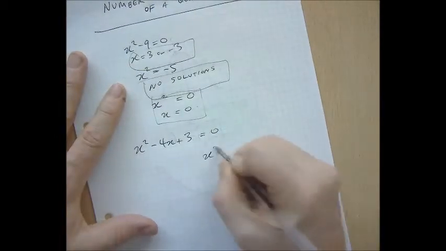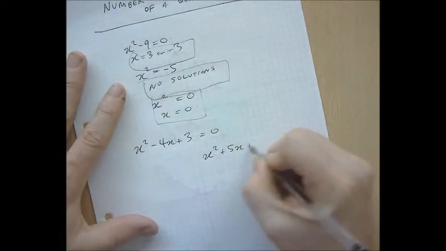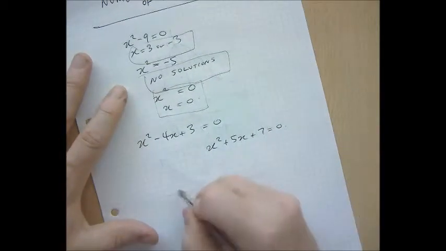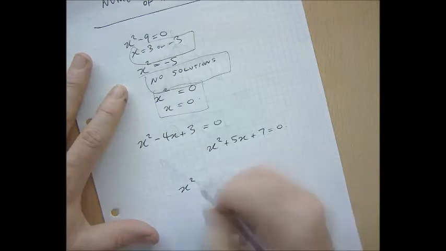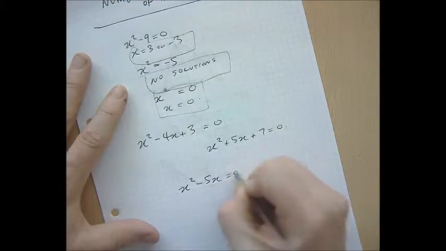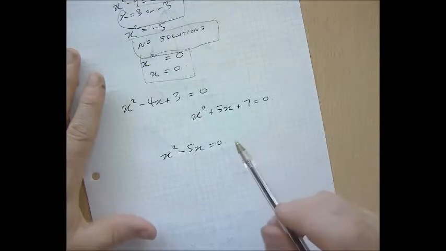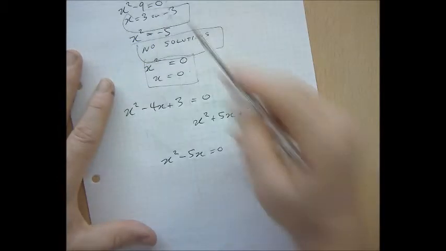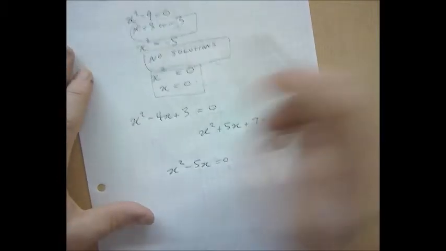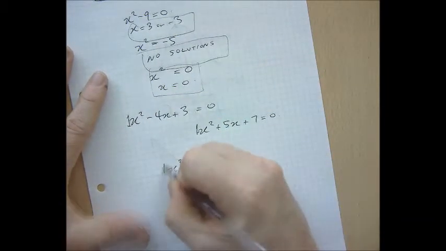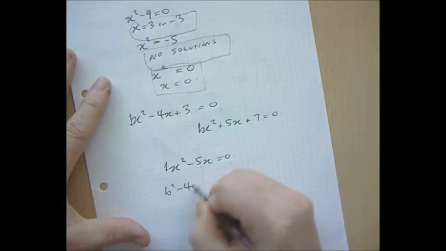or this, or this, what determines how many solutions there are is b squared minus 4ac.